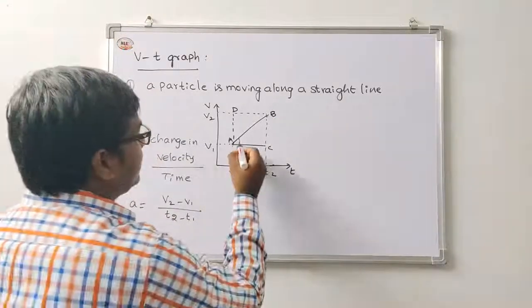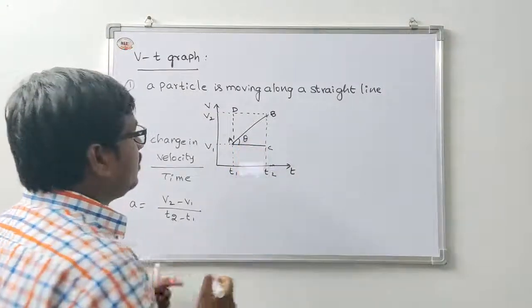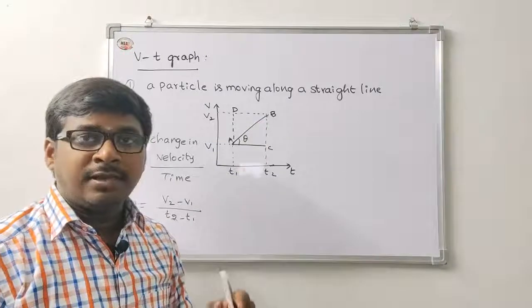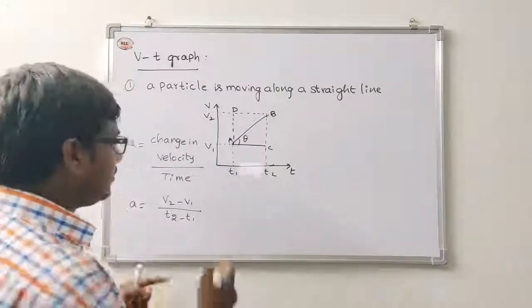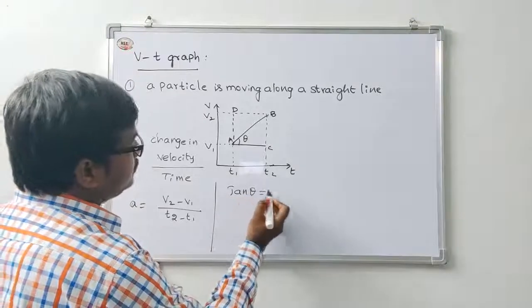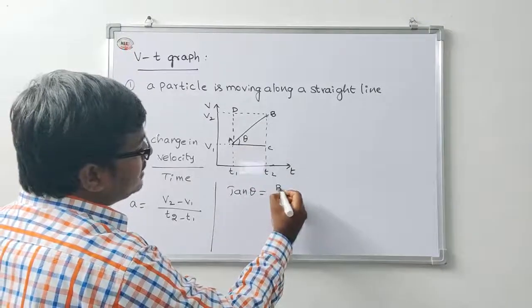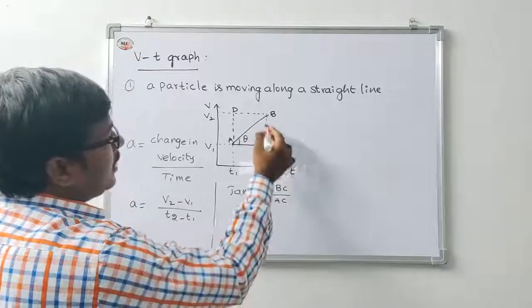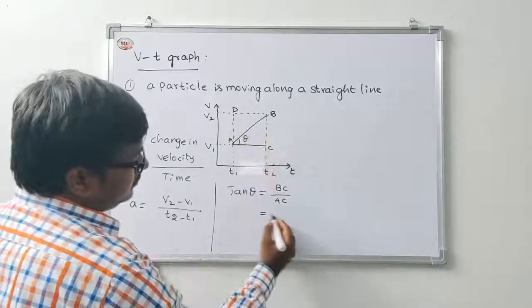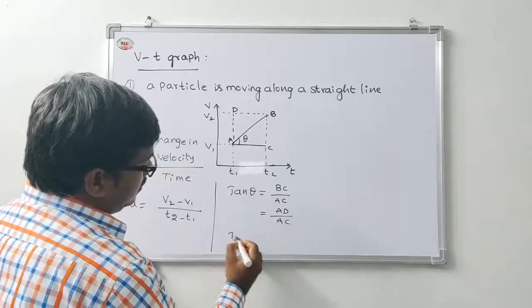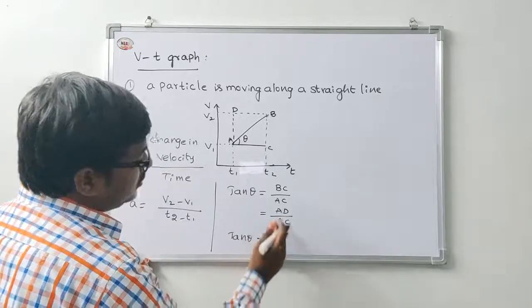So make an angle theta. The slope of this line is tan theta. Tan theta is equal to BC by AC, and BC is equal to AD, so tan theta is equal to AD by AC.